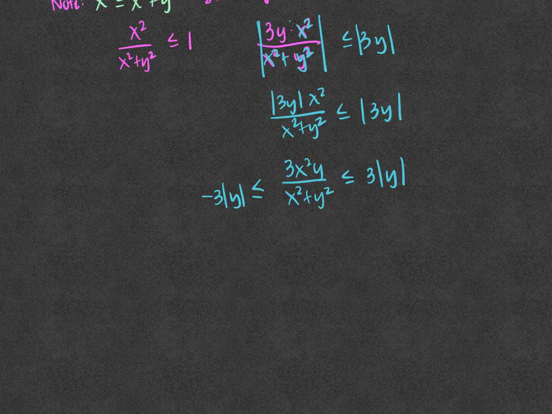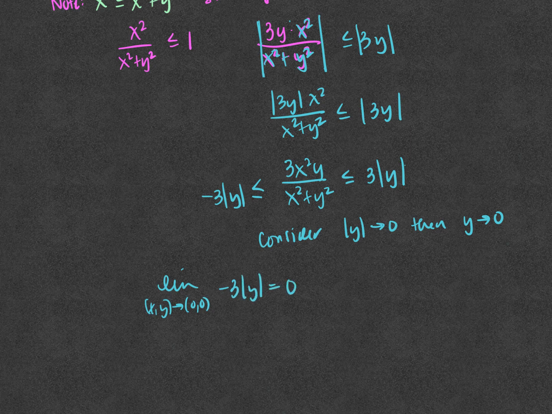Now, if we consider the fact that when the absolute value of y approaches 0, then y approaches 0. So that means that the limit as (x,y) approaches (0,0) of negative 3 absolute value of y equals 0, and the limit as (x,y) approaches (0,0) of 3 absolute value of y equals 0.